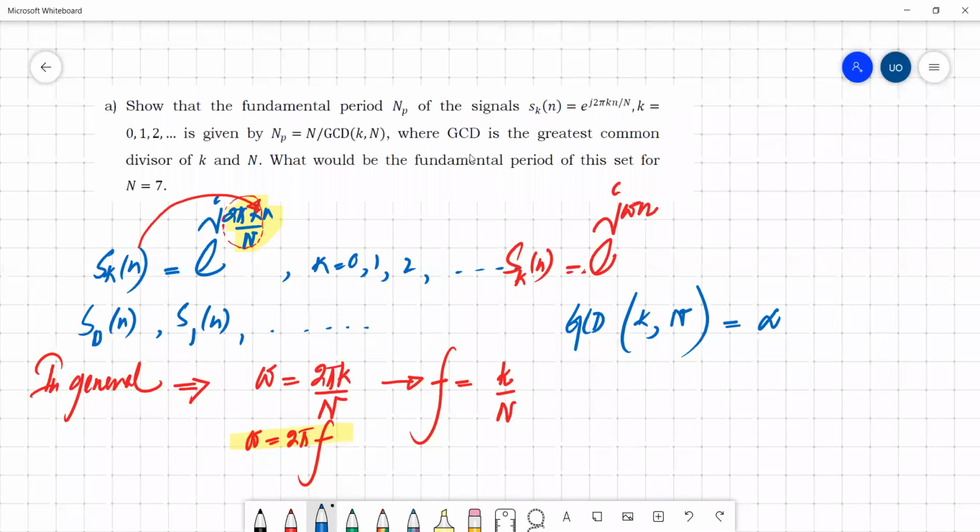So alpha is the GCD of k and capital N. If alpha is the GCD, we can represent k as a function of alpha times some value. Similarly, capital N also can be represented as a function of alpha.